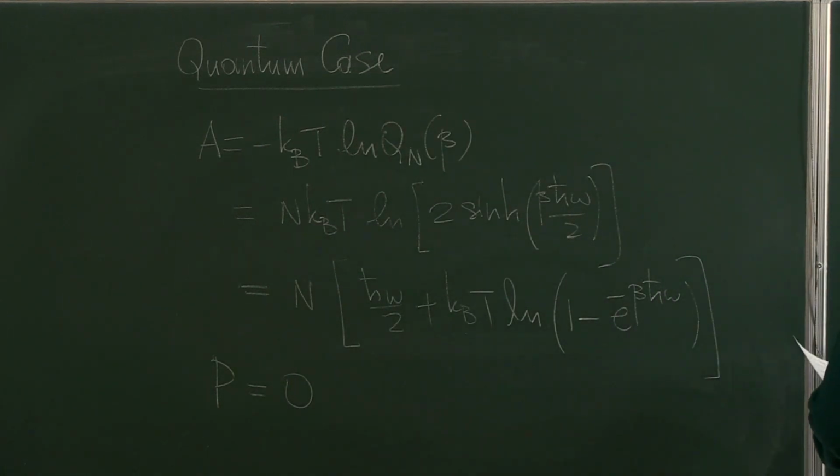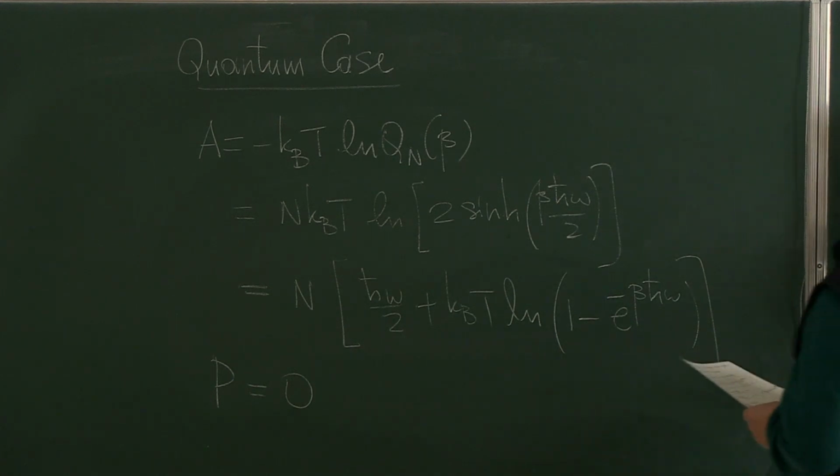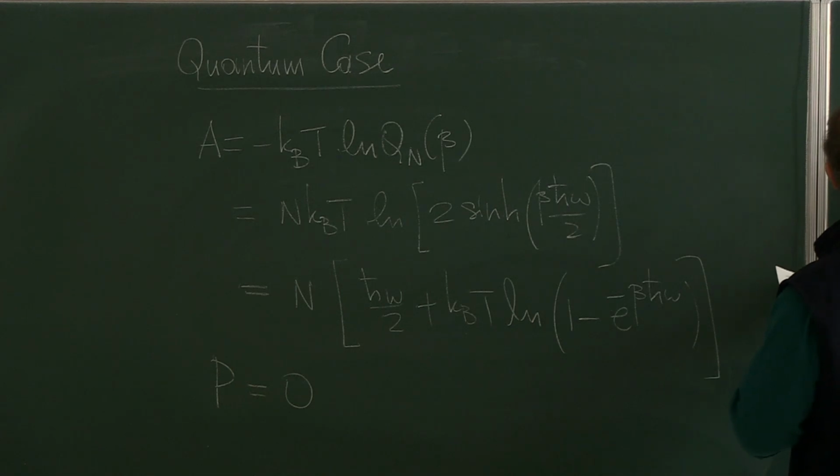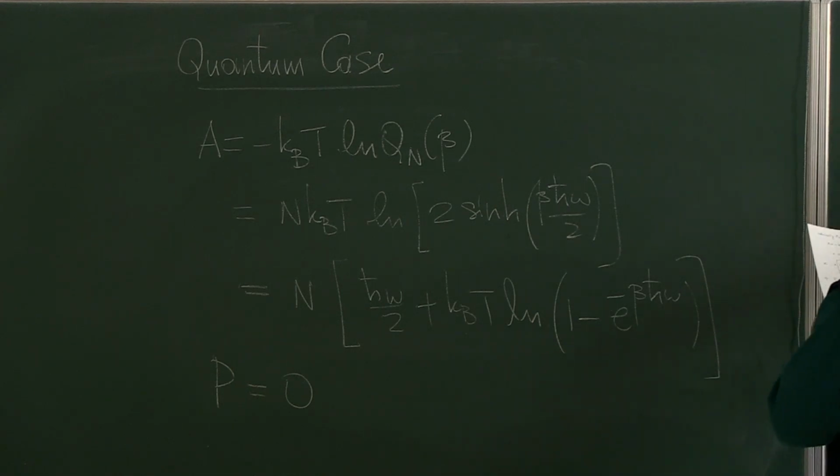Let's look at the chemical potential and the entropy. Mu comes out to be A over N, and it is ħω/2 + kBT ln(...).